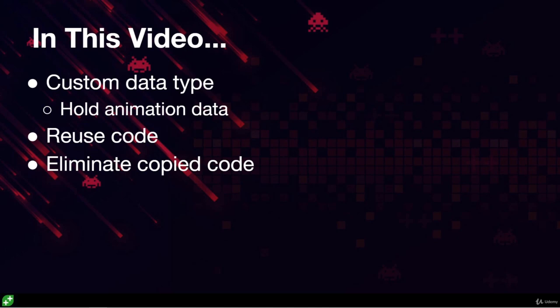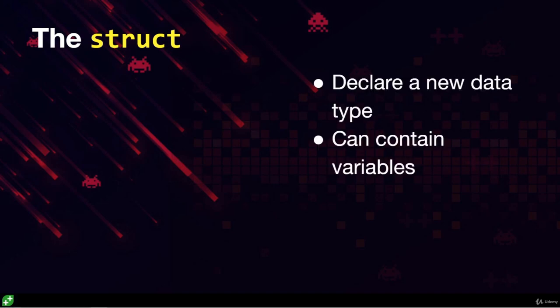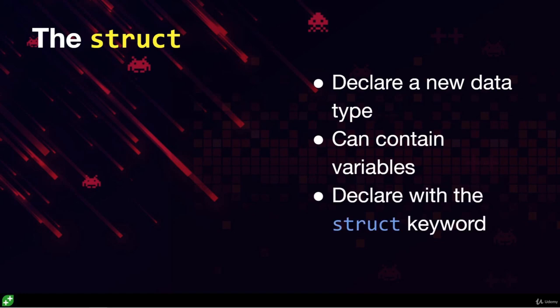Let's get started. Now, one of the ways to create a custom data type is by making use of something called a struct. This custom data type can contain its own variables, and we declare a struct using the struct keyword. It looks like this. We use the struct keyword with our new data type name along with a body followed by a semicolon.